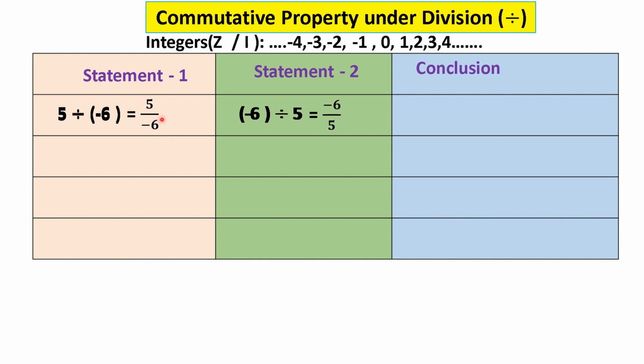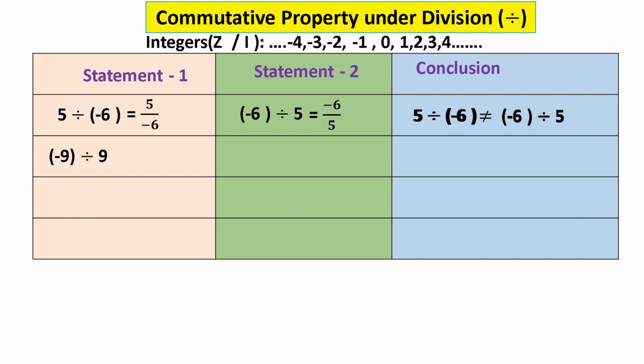Both are negative, but 5 by minus 6 and minus 6 by 5 are not equal. Here the numerator is 5 and the denominator is minus 6; there the numerator is minus 6 and the denominator is plus 5. That's why these are not equal. So 5 divided by minus 6 is not equal to minus 6 divided by plus 5.